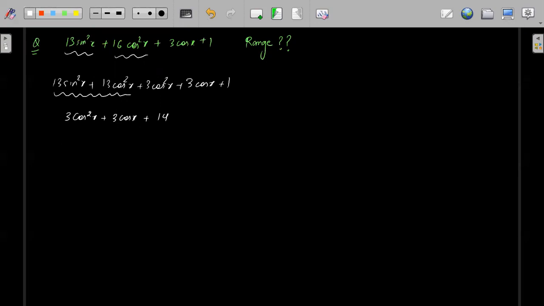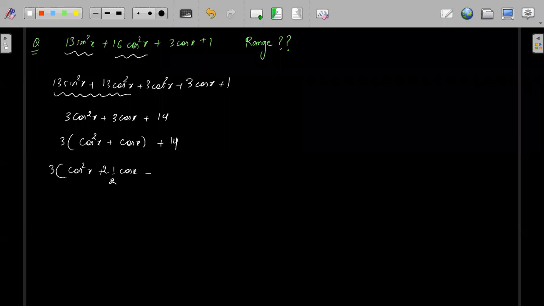Now I will take 3 common from this, so 3 cos square x plus cos x, plus 14. So this will become 3 into cos square x plus 1 by 2 into 2 into cos x. Now there is a 1 by 2, so plus 1 by 4 minus 1 by 4, and plus 14.